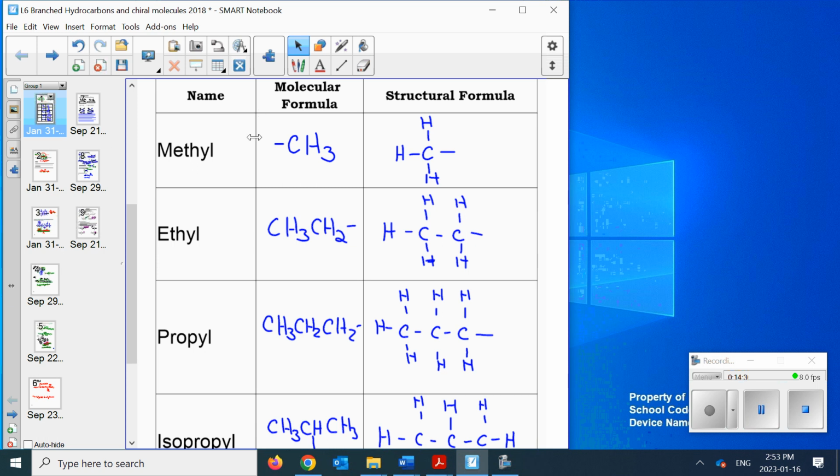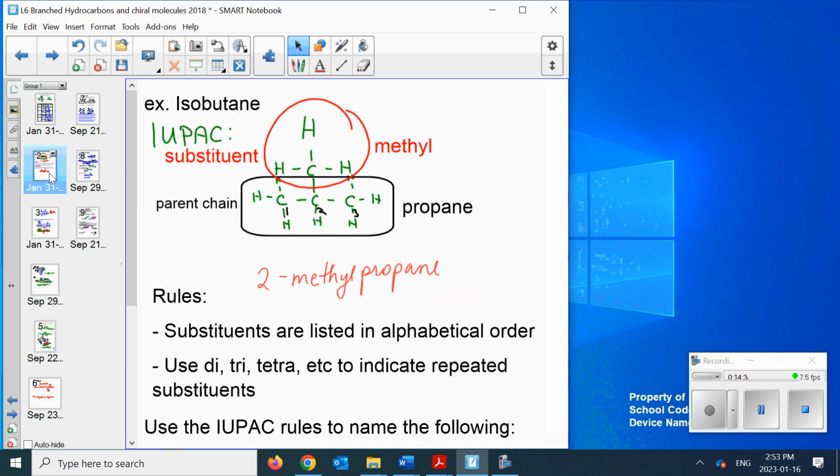So this is just the chart for reference reasons. Now, I don't think you guys have this part here, so we'll figure this out. Something like isobutane. I have it here circled for you.